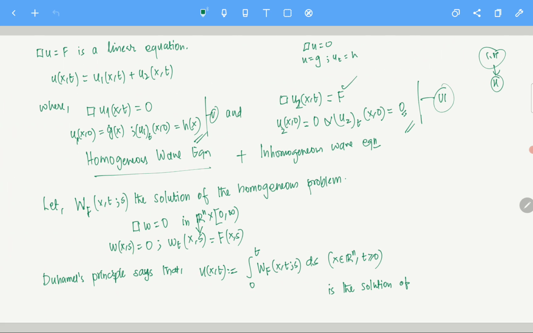So is it clear? To the problem 4, actually, to the problem 4.